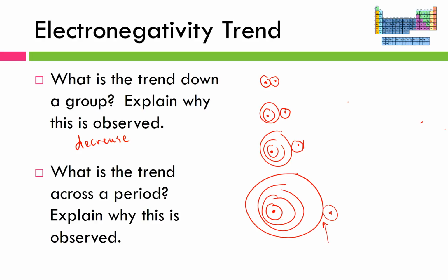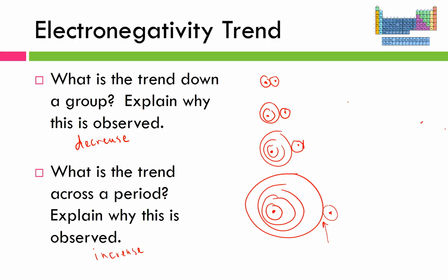So your largest atoms are going to have low electronegativities, and your small atoms, because the nucleus is close to the electrons that are being shared and therefore can attract it, should have higher electronegativities.